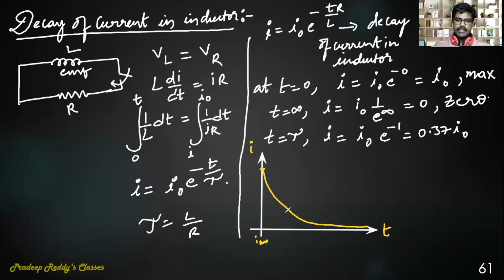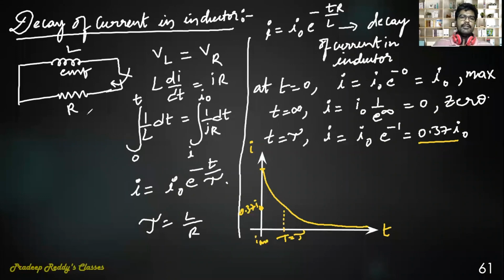After one relaxation time, this is t is equal to tau, the current is now 0.37 times I naught. The decay takes place by 63% of the maximum value, and the final current obtained after one relaxation time is 37% of the initial value.